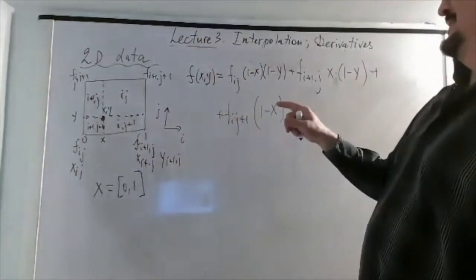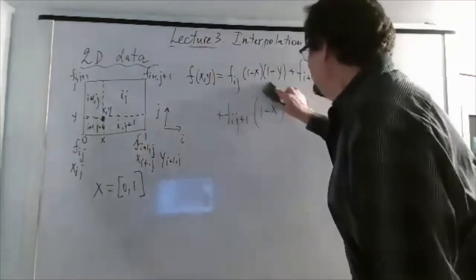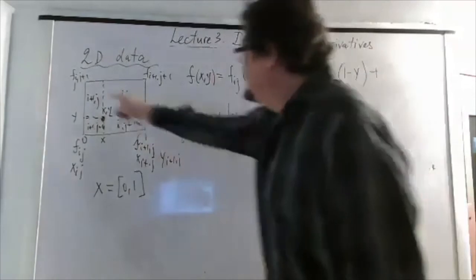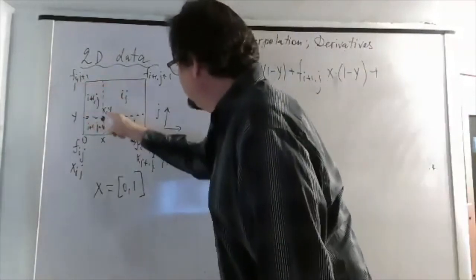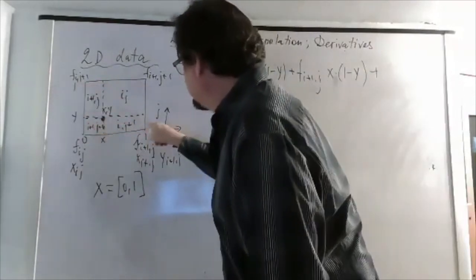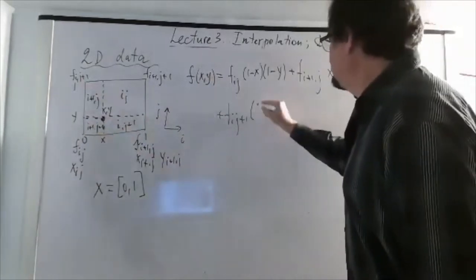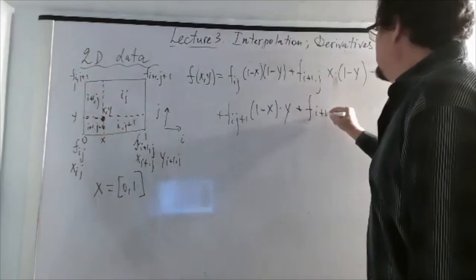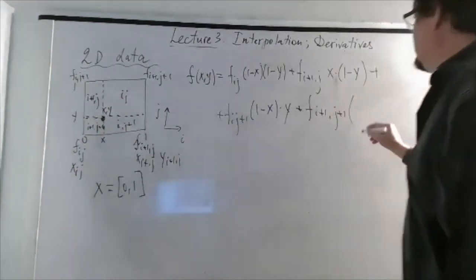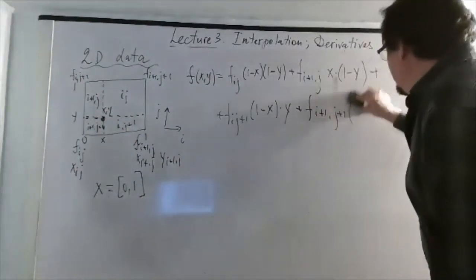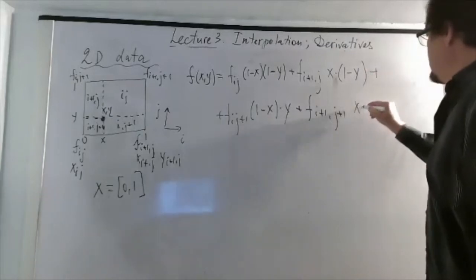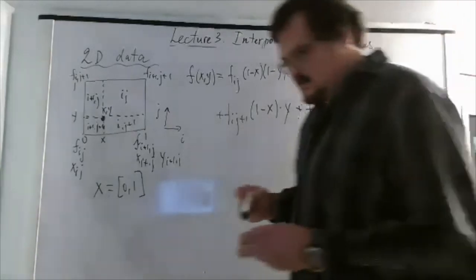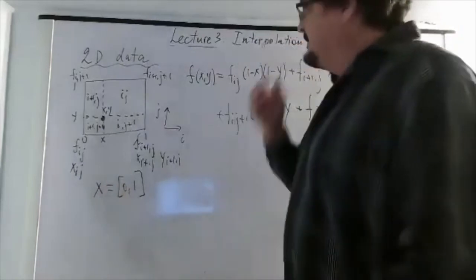Hold on, x, sorry, that's what confused me. Oh no, it's this point, so it's this guy, so it's 1 minus x times y. And plus Fi plus 1, j plus 1, just x times y. That's it. So it's very easy.